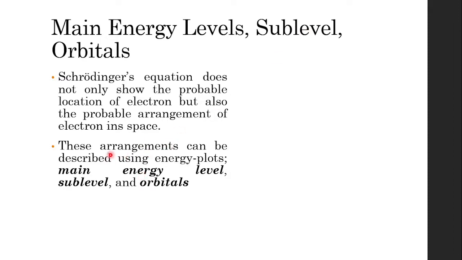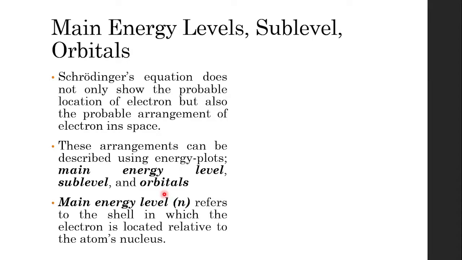So the first thing we have to understand is the main level, or the arrangement, which can be identified via three important things. First is the main energy level, the second is called the sublevel, and the third is what we call the orbitals. Main level basically refers to the shell in which the electron is located relative to the atom's nucleus, which means it is the distance where the electron can be found relative to the nucleus.